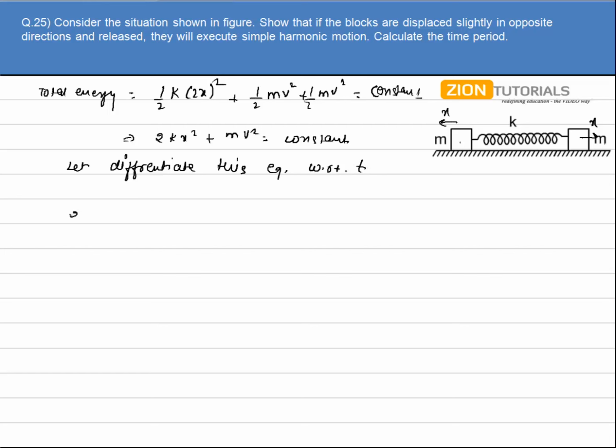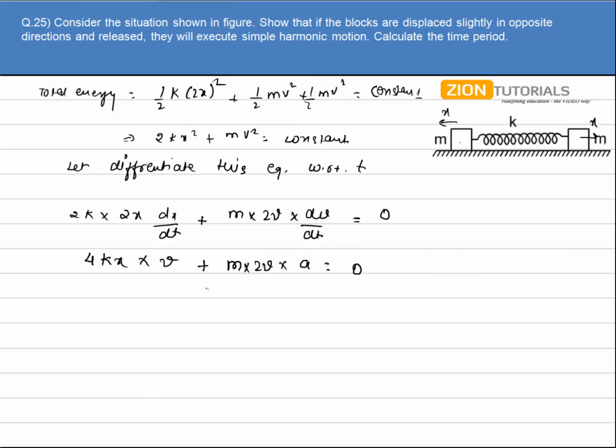So I have 2k into 2x dx by dt plus mass into 2v into dv by dt, that is equal to 0. So I can write 4kx dx by dt, which is v, plus m into 2v dv by dt, which is acceleration, that is equal to 0.